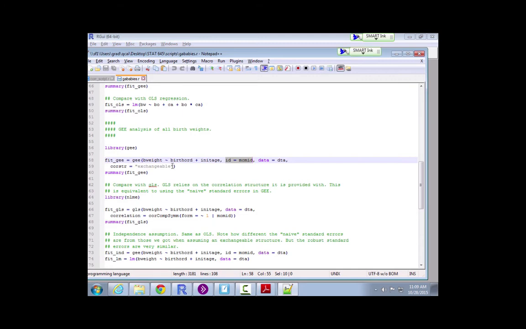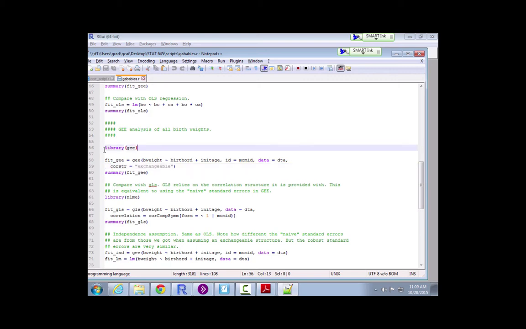Then the other thing I have to say is, once we identify the observations on the same individual, what do you think the correlation looks like in there? In our case, we're talking about a 5x5 covariance matrix. What do I think that correlation structure looks like?